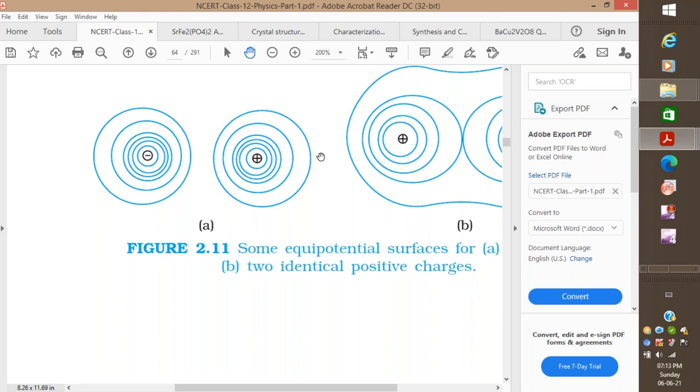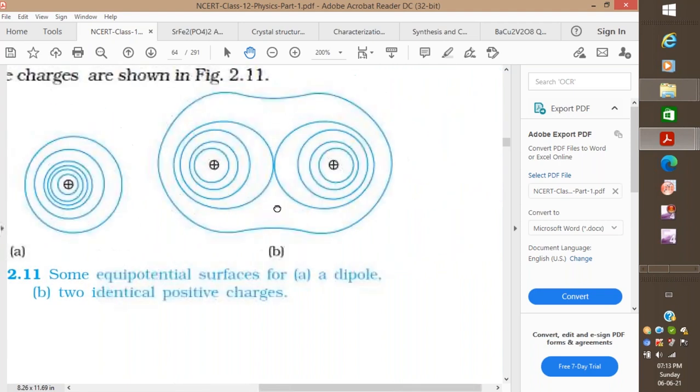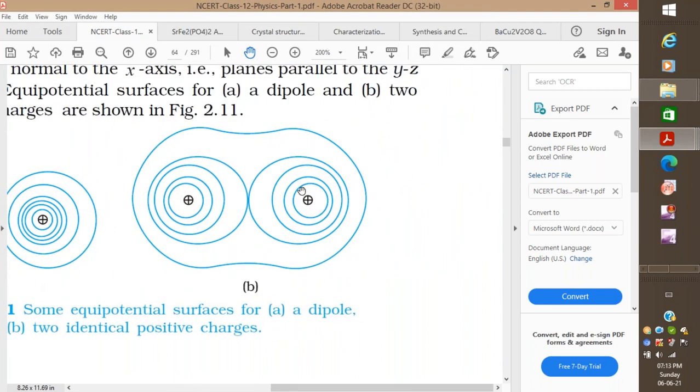Now if I take two positive charges, because of repulsion they will push each other. So this is a positive charge, this is a positive charge. In this case also the equipotential surfaces are not concentric circles or concentric spheres. The spheres get displaced, or you can say they become oval shaped.